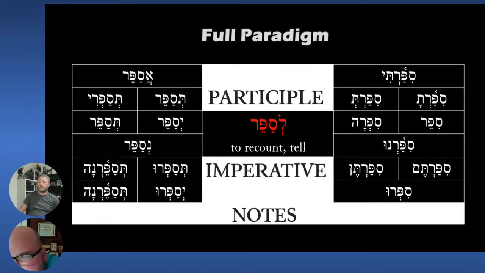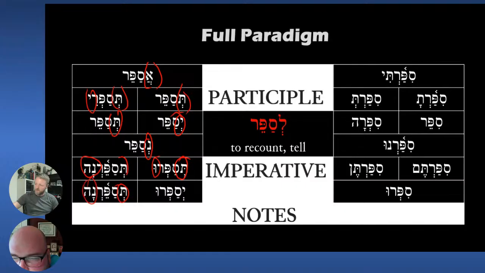Okay, the imperfect, that is the future. A saper. You've got the same prefixes. A, te with e, y, te, n, te with u, te with na, ye with u. They're the same endings as in the kal. The only difference is in the kal you had a closed syllable at the beginning.